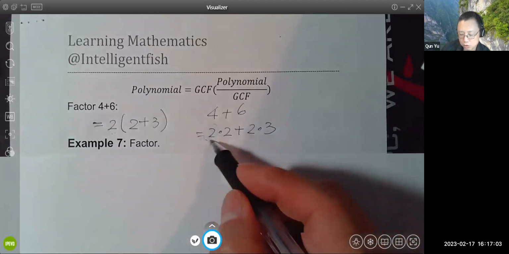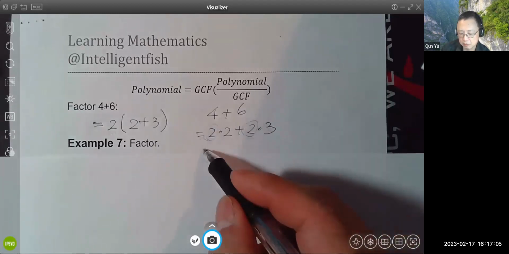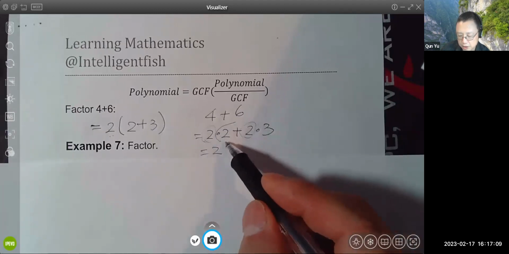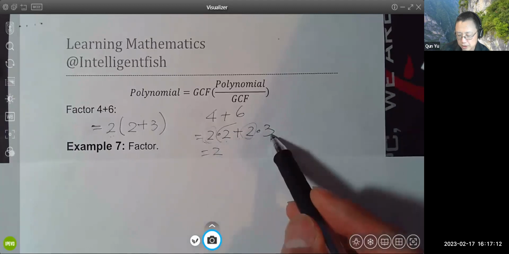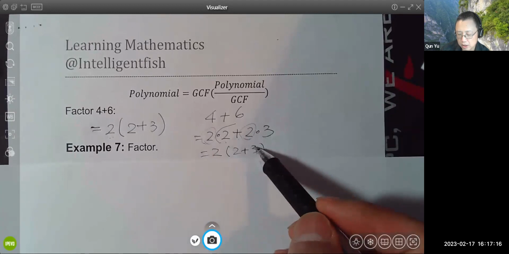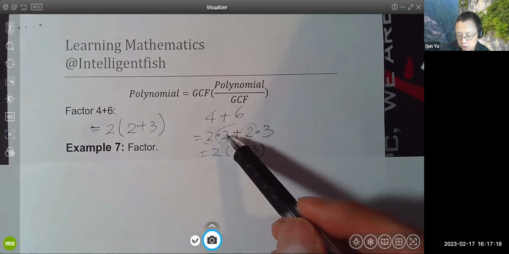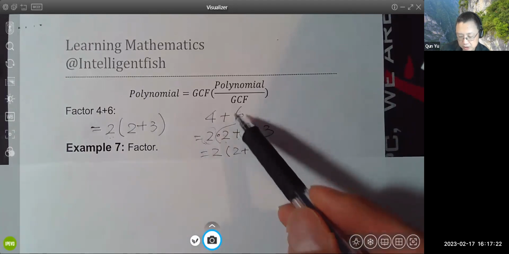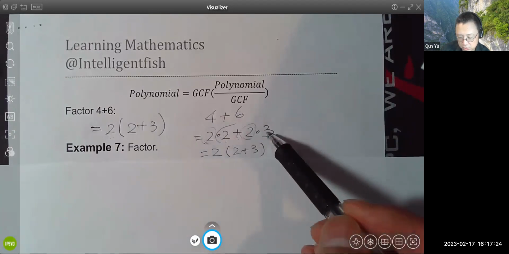Apparently, 2 is a common factor. Factor it out, you just put the rest, which is 2 plus 3, inside parentheses. How do we get 2 plus 3? Because this 2 is equal to 4 divided by this 2. And this 3 equals 6 divided by the same common factor. That's how you get 3 inside.